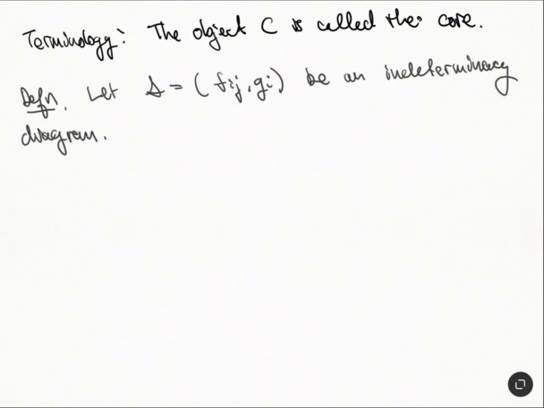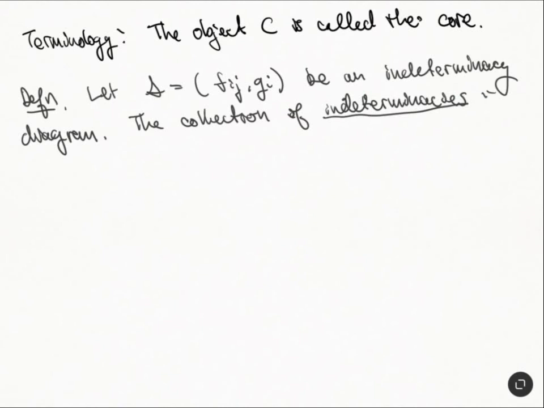So the collection of indeterminacies is the set. We're going to use these indeterminacies to define Ind3, which is one of the indeterminacies appearing in Mochizuki's inequalities.